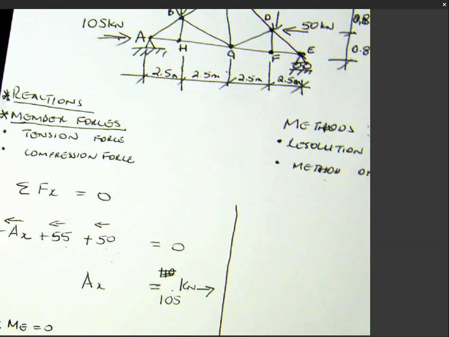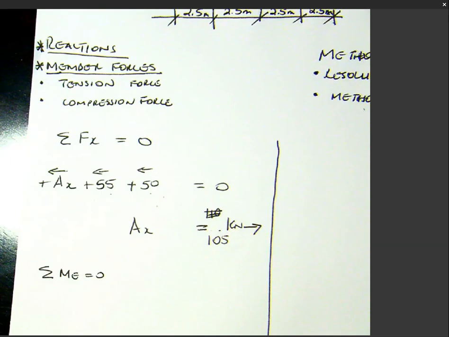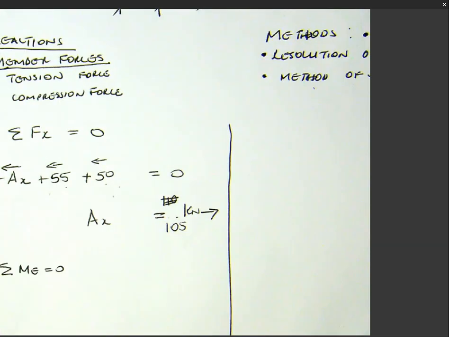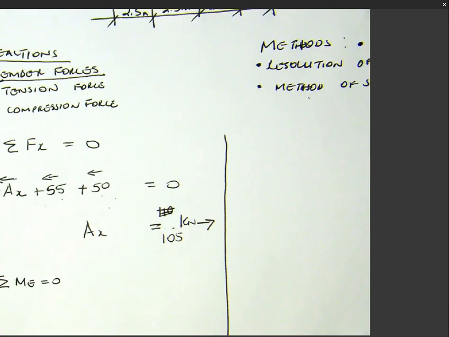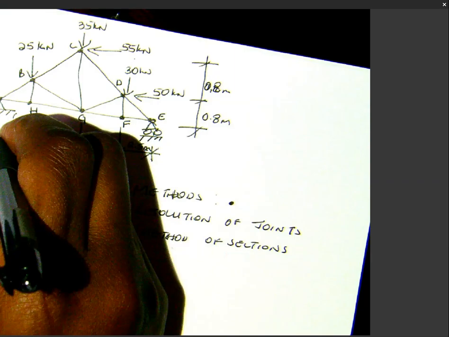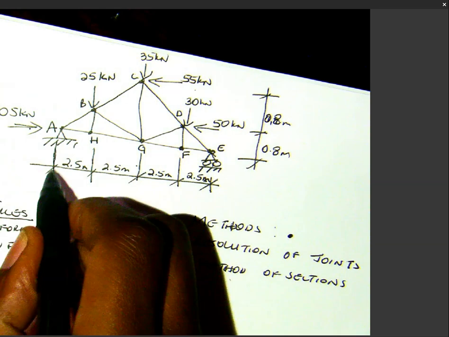So I have an equation with two unknowns in it, which I won't be able to solve. That's why I go straight to sum of moments at E. Now, that is my assumption: I'm going to assume that my AY is going up.